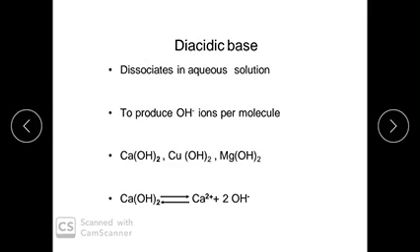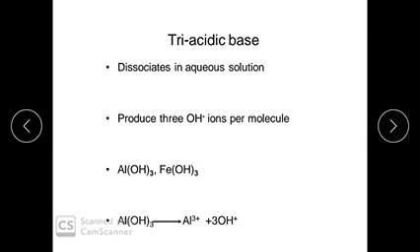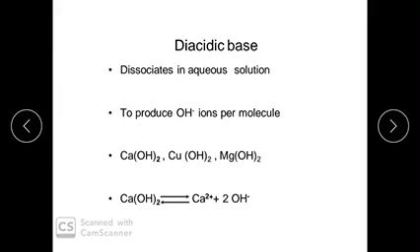And next one is diacidic base. These also dissociate into ions and produce two OH minus ions. Then it is called a diacidic base. Examples are calcium hydroxide, magnesium hydroxide, and copper hydroxide.